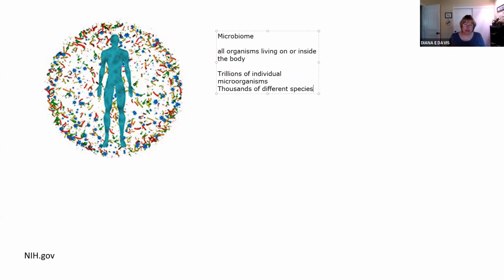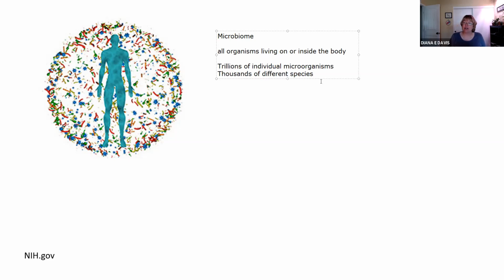We do have researchers who are looking at different microbiomes in different people, but they are so complicated and there are so many differences between people that it's going to take a lot of work and a lot of time to figure out this species is good for you because it helps protect you from this disease, or this species is not so good, it makes you more likely to get that disease. So we don't have a clue about any of that part yet.